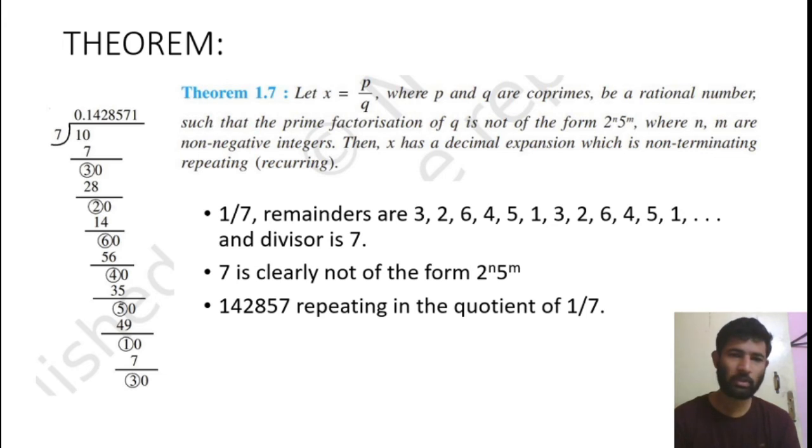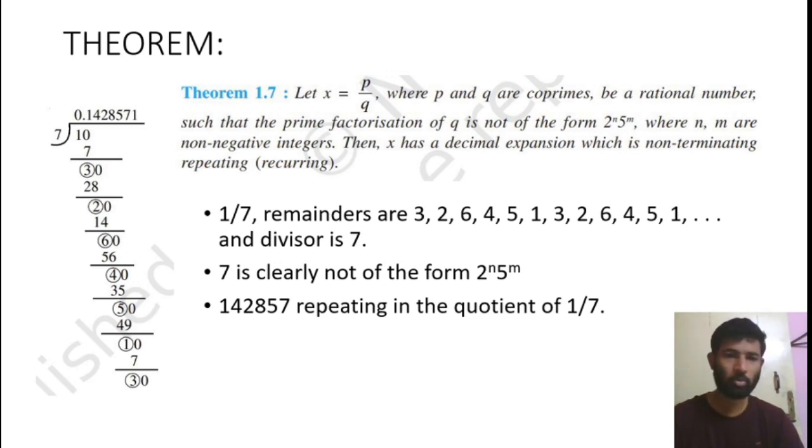Here, as you can see, the theorem is given. Simply it tells that a rational number whose denominator is not of the form 2 power n into 5 power m has a decimal expansion which is non-terminating and repeating.